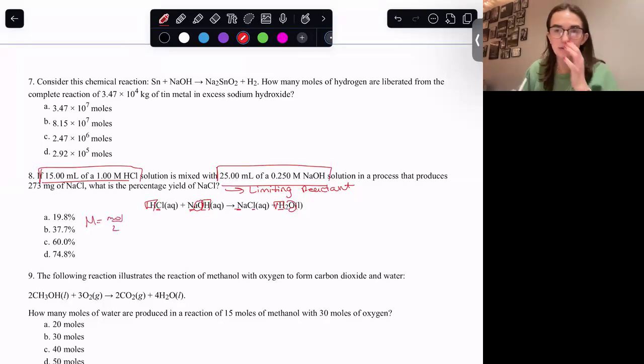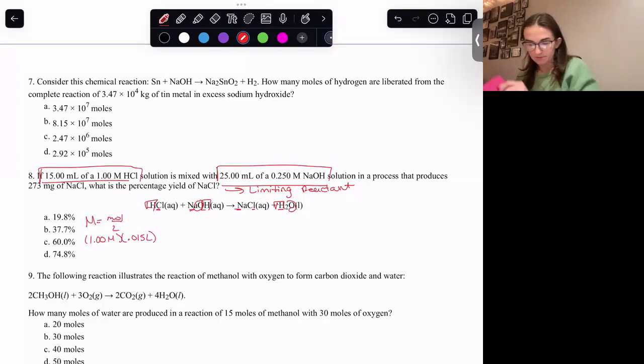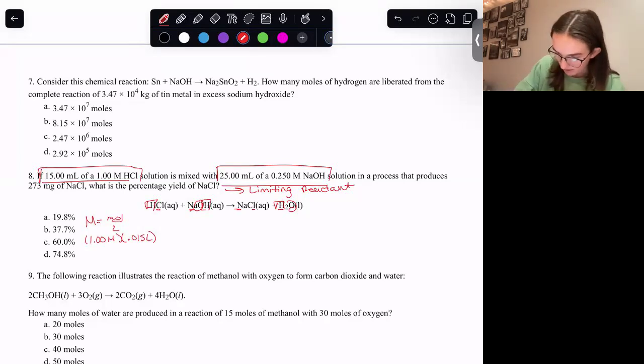So if we multiply our concentration by volume, then we should get moles. So we can say 1 mole times 0.015 liters, right? We do need to change that.